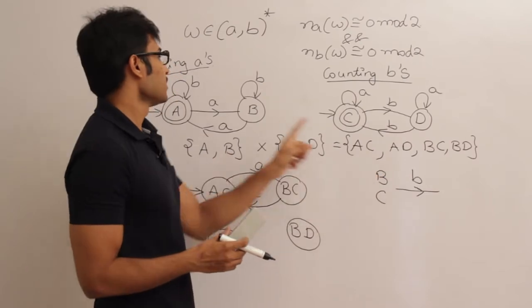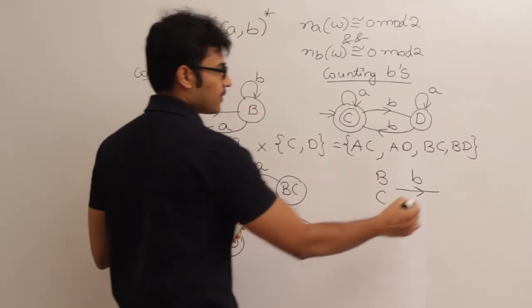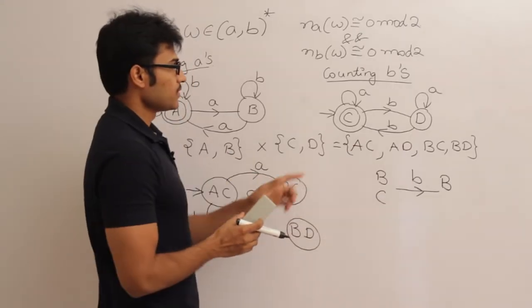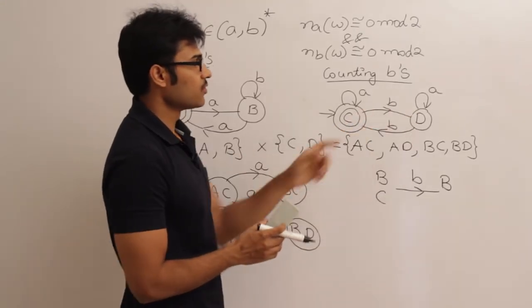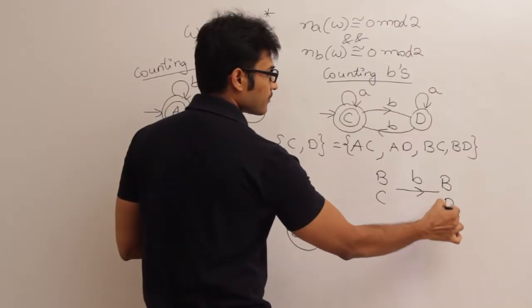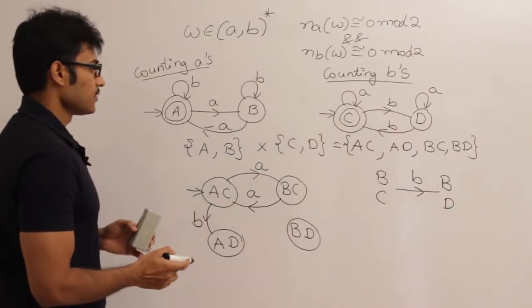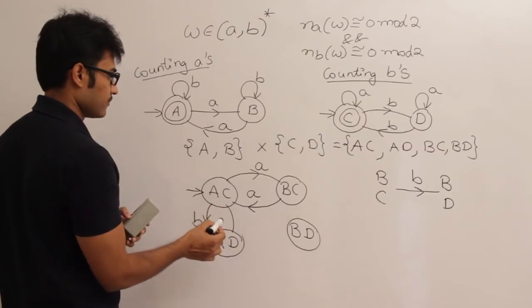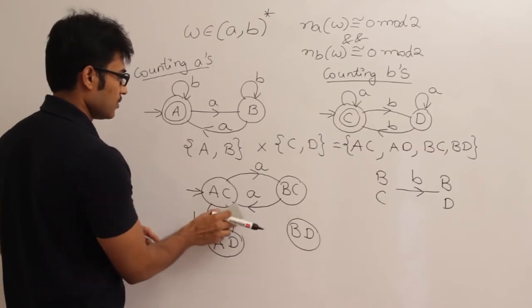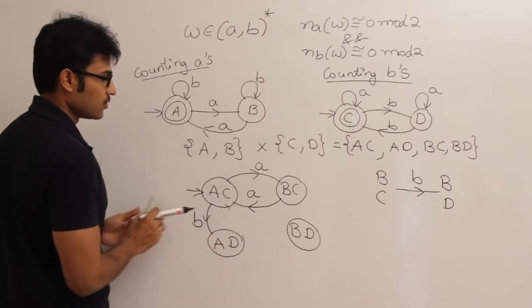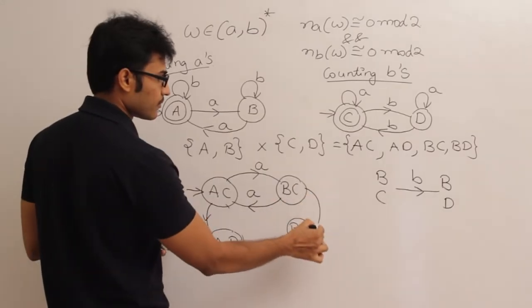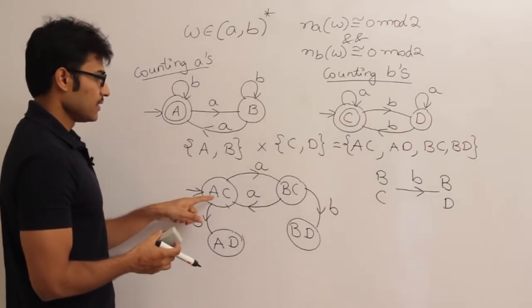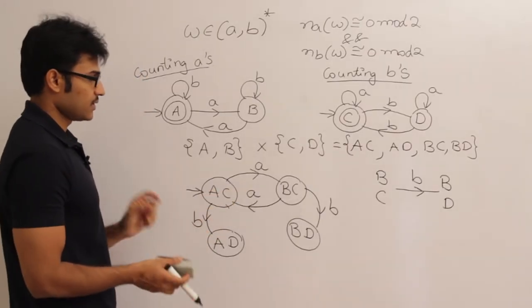Capital B on small b goes to B itself, and capital C on small b goes to D. So BC on b goes to BD. So BC is done, AC is done. Now let's take AD.